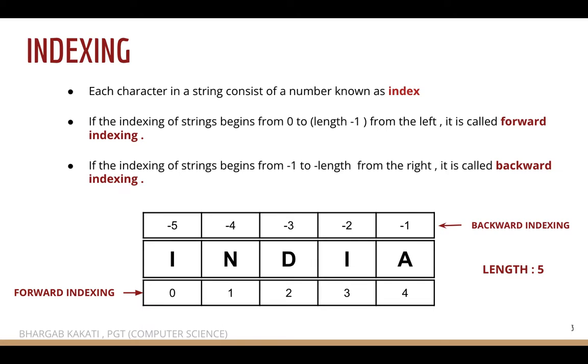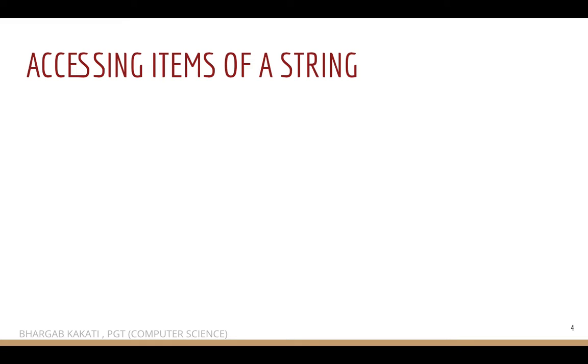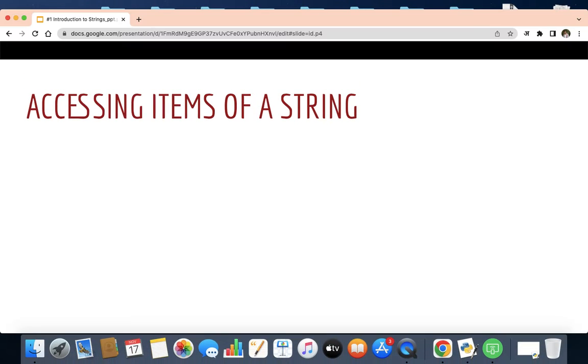Now what is the length of the string India? The length of the string that you can see on your screen is 5. Therefore, for backward indexing, it will begin from minus 1 to minus 5 starting from the right.